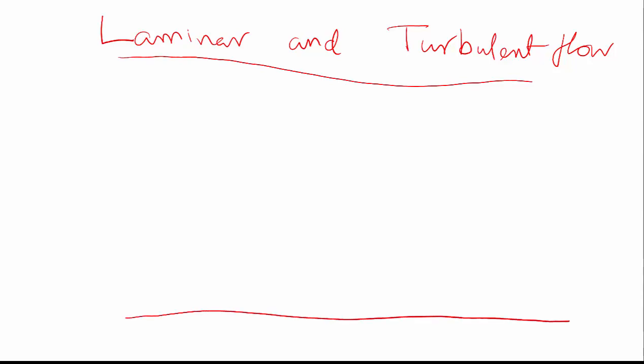Consider a flat plate, with the fluid stream at a certain velocity u alpha, and at the leading edge the velocity profile is like this.